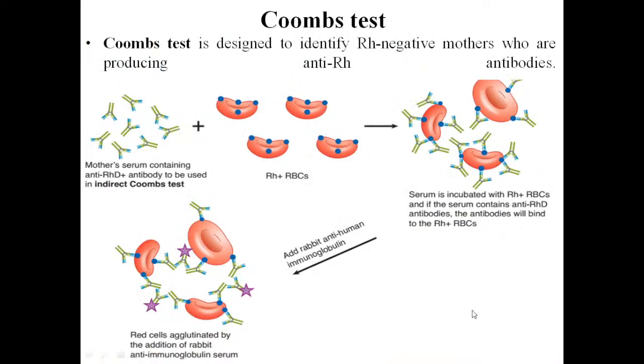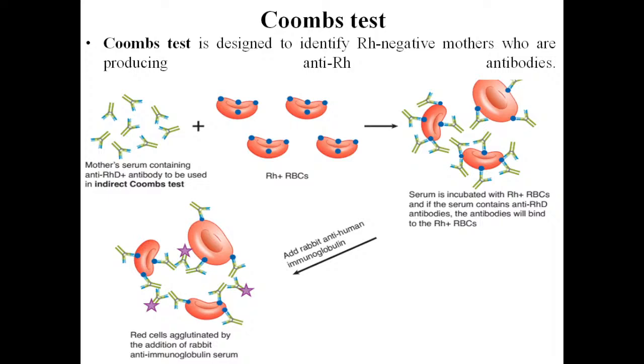Coombs test is another variant of indirect agglutination. Coombs test is used to identify rhesus negative mothers who are producing anti-rhesus antibodies. You remember we talked in lecture number 4 about such a disease, such an allergy that is called cytotoxic hypersensitivity.